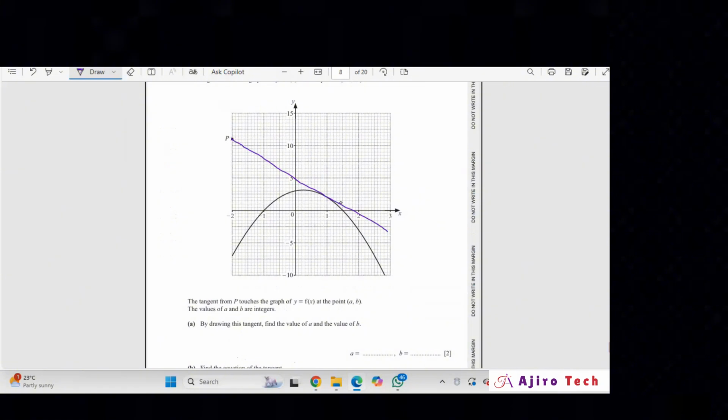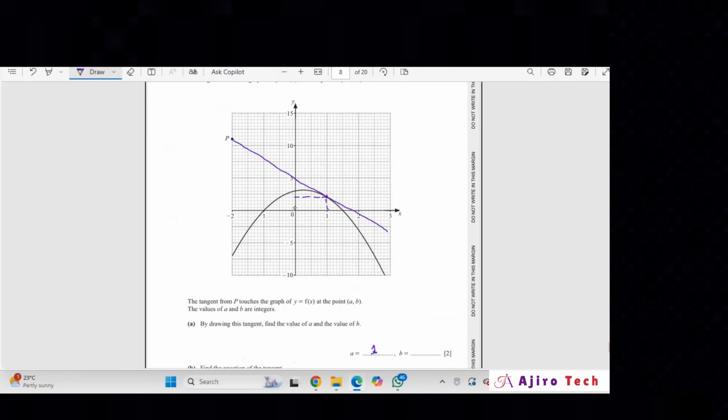So at that point, where does that line touch the graph? This is the curve. So it touches here, trace it down. It also touches here, trace it to this point. So it is at this point that you are going to have your a and b. Your a is 1, which is here. It falls on the x axis.